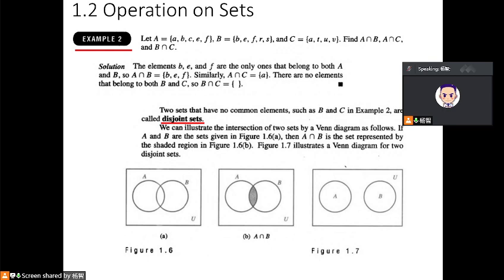Look at figure 1.7, the example of disjoint sets. It means there is no common element between the two sets A and B.